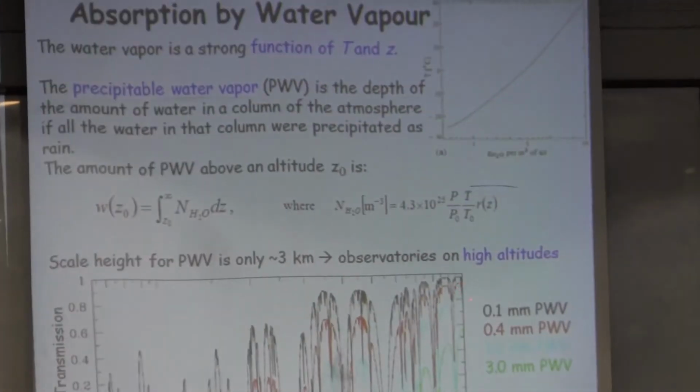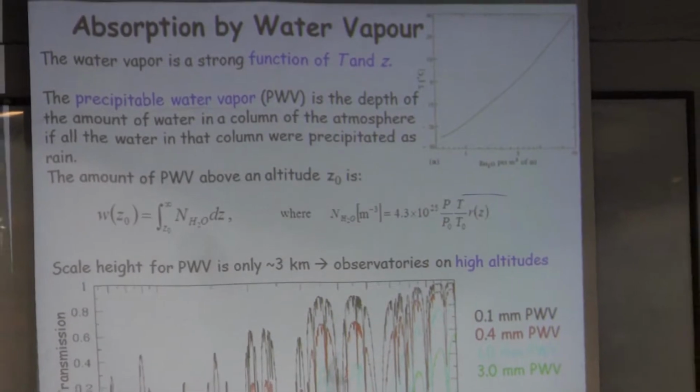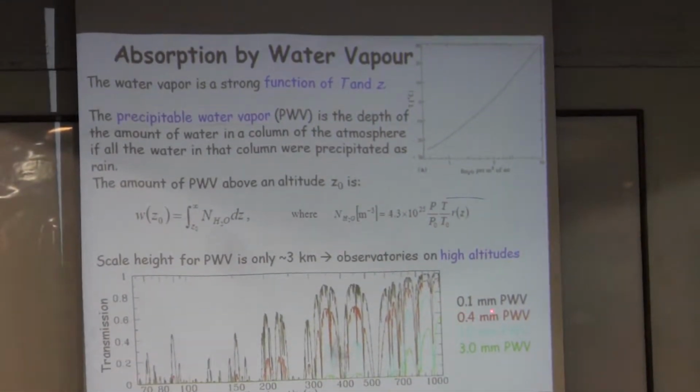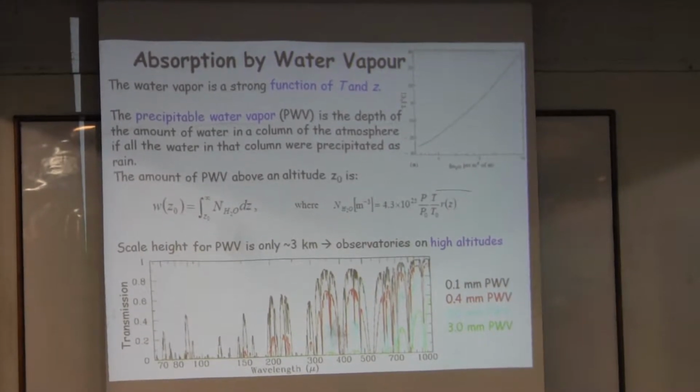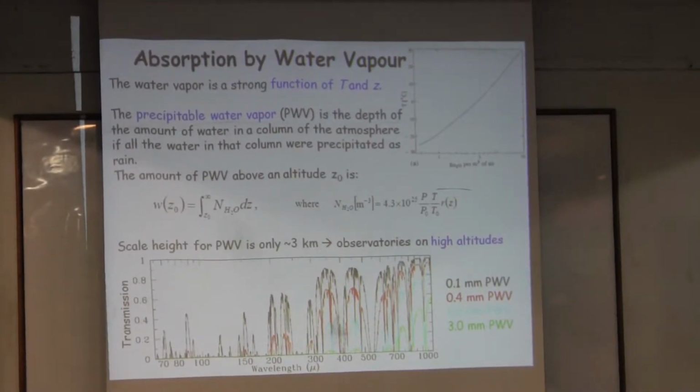I think at the South Pole, where it's really cold, you have something like 0.2 millimeters. So people are planning observatories at the South Pole, and that's one of the reasons. Because it's so cold there, the water vapor content is very small, and it opens up all kinds of windows in wavelength space for observations.